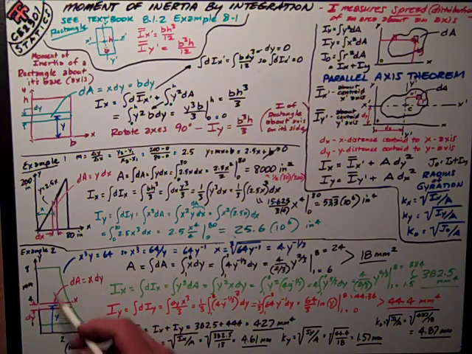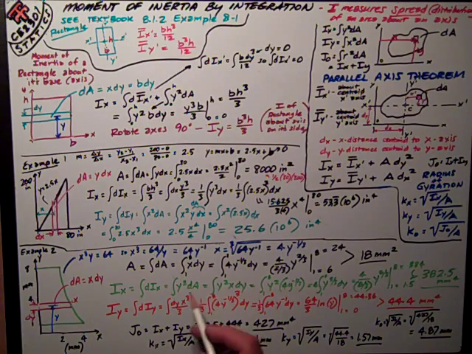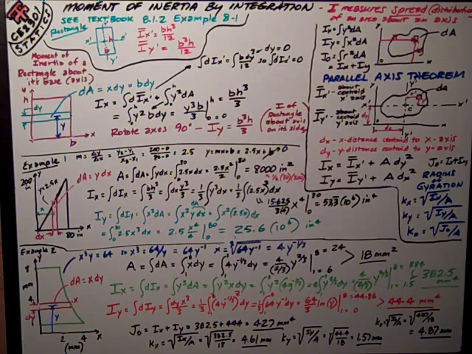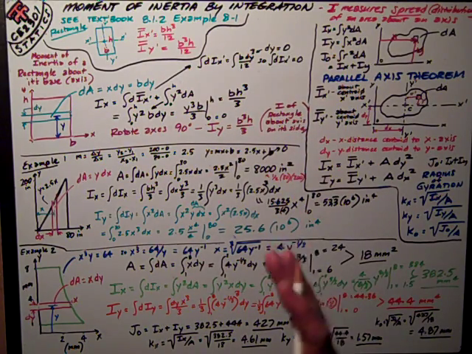So when I'm doing a moment of inertia about that axis, I use that. When I'm doing the other one, the axis that it doesn't bound, or it's not up against, I use the y squared dA term. So that's the key to solving these kinds of integration problems, using this bh cubed over 3 term when I've got an axis bounding it.